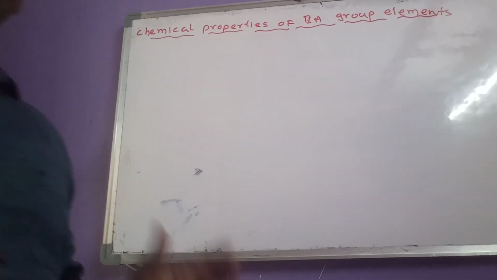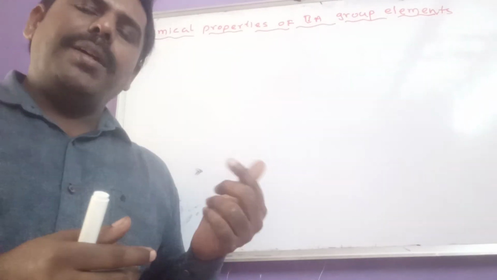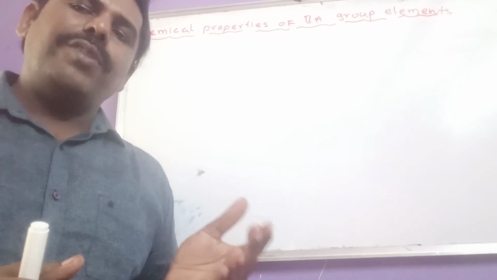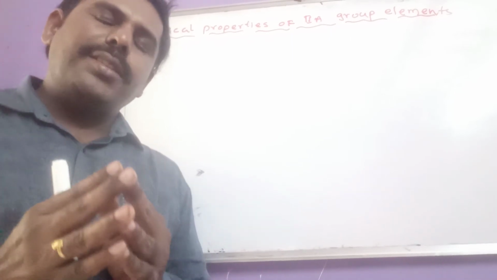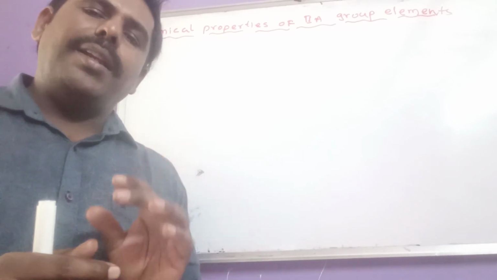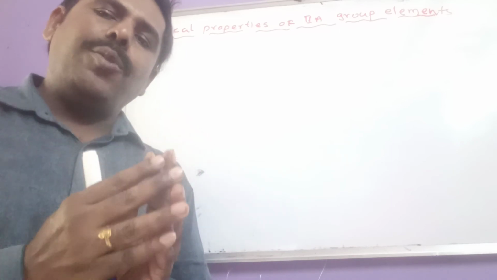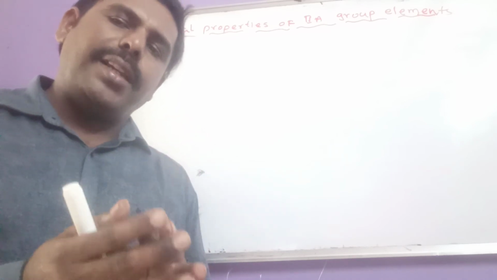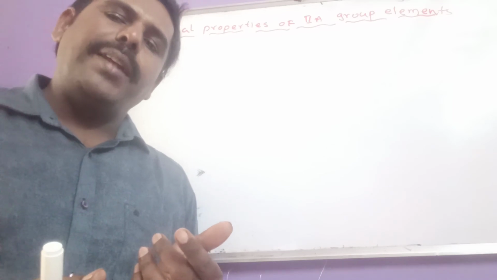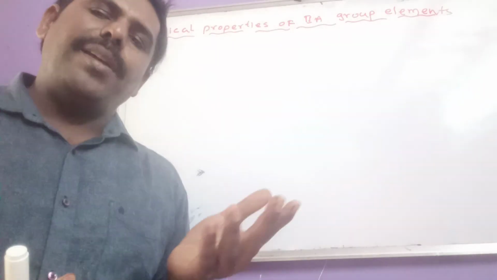And here we have to remember that from top to bottom thermal stability increases, because in our previous class we discussed that a larger cation stabilizes a larger anion, and a smaller cation stabilizes a smaller anion. As the carbonate ion is a larger anion, it should be stabilized by larger cations like strontium and barium.